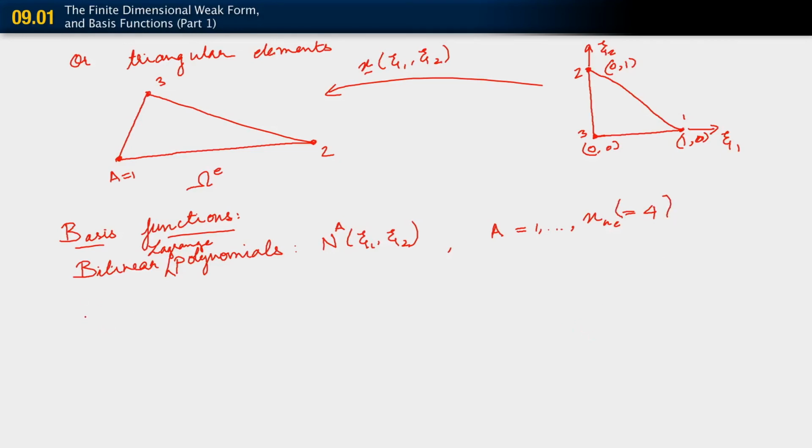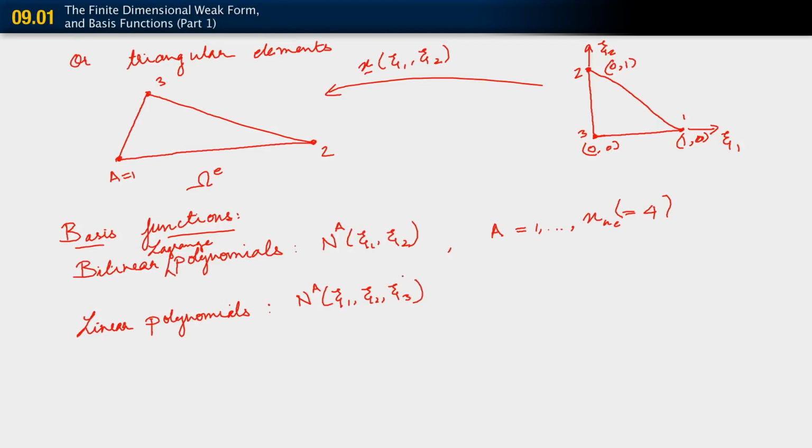Or we would have linear polynomials, if we were working with the triangles. So the linear polynomials would again be written as NA, parameterized now by C1, C2, and remember the way that these things are written, often using area coordinates, we would include a C3.